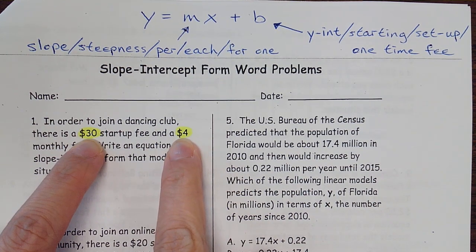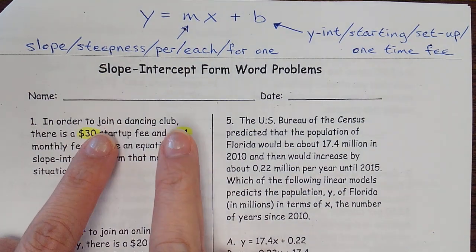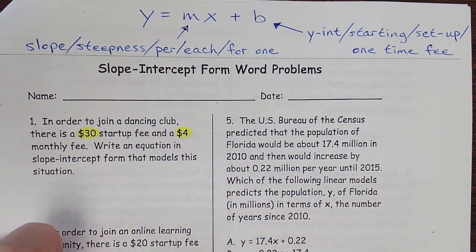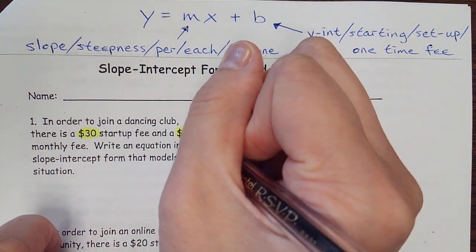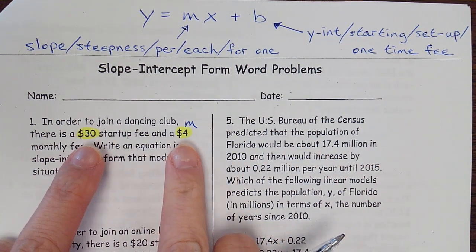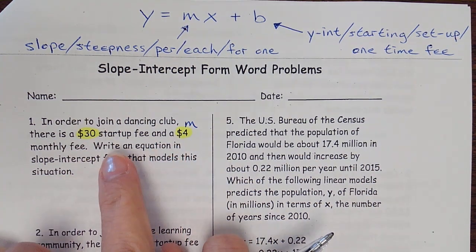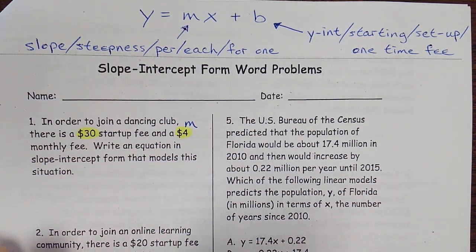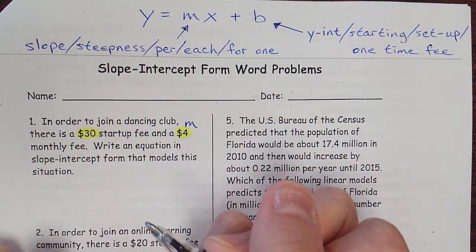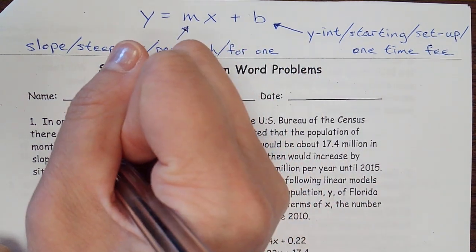Which one is m? $4. Yep, m is $4. I said b is 30. So m is 4 and b is 30, right?